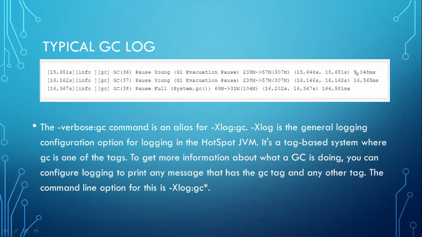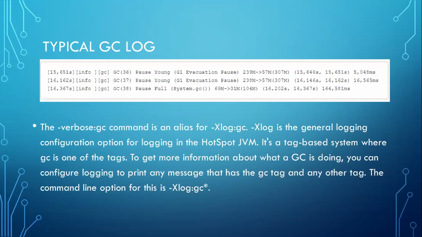Last but not least, there is a value here, 5.048 ms, meaning 5048 milliseconds. What does it mean and how is it significant here? It says that this particular garbage collection process took 5.048 seconds.